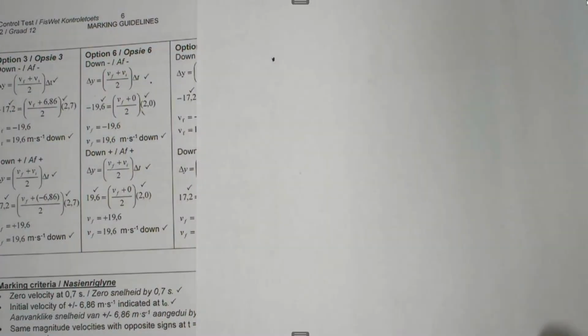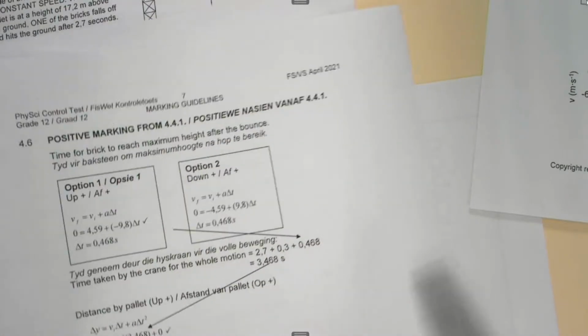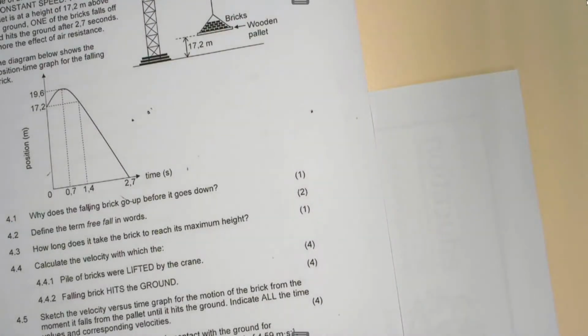So option number 7. Option number 7 is not very different from option number 1. But what we are saying now in that option is that we are starting from the point of projection, or where this object started to fall.